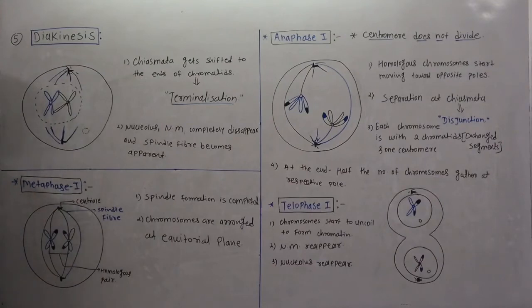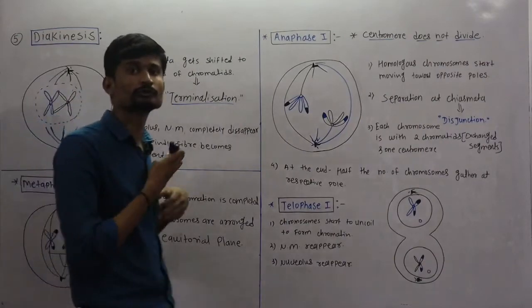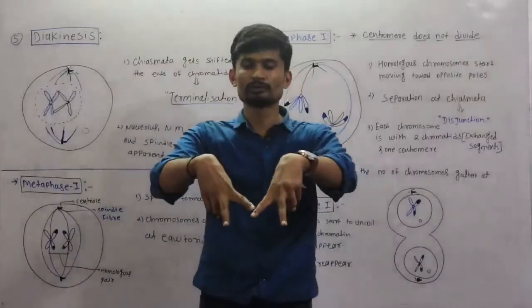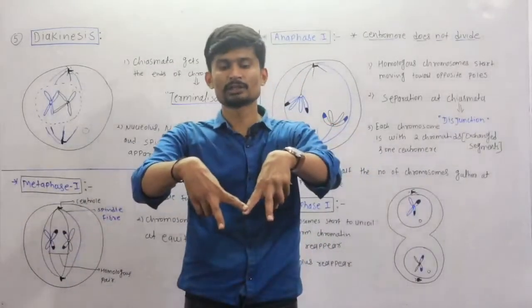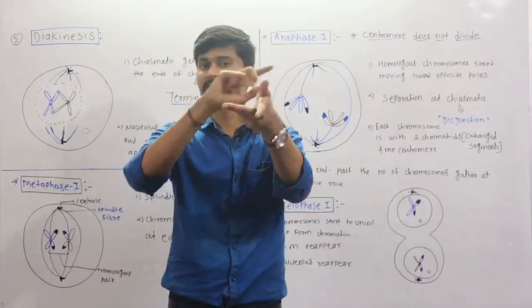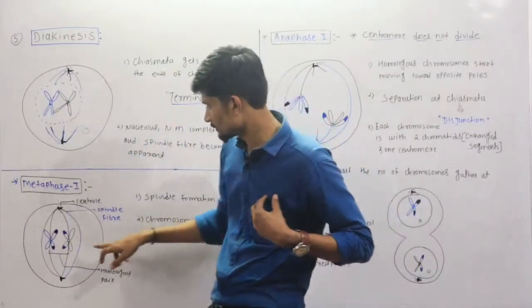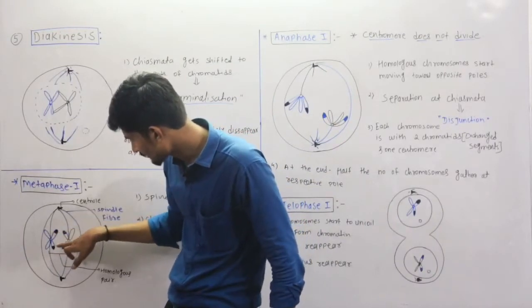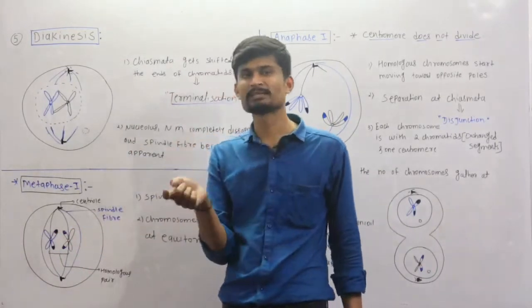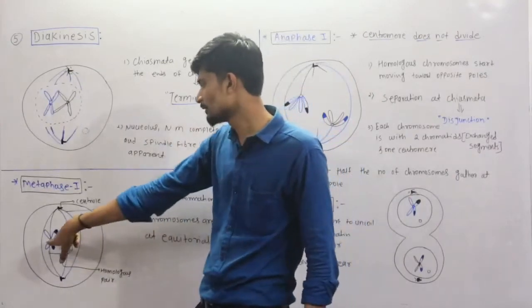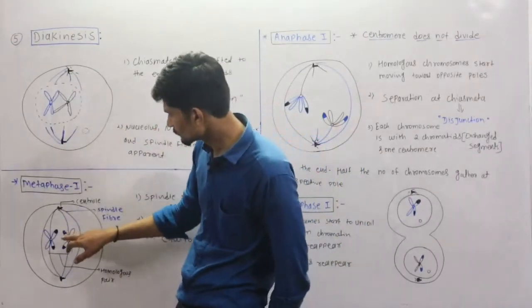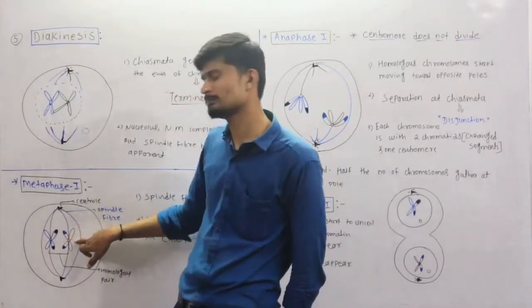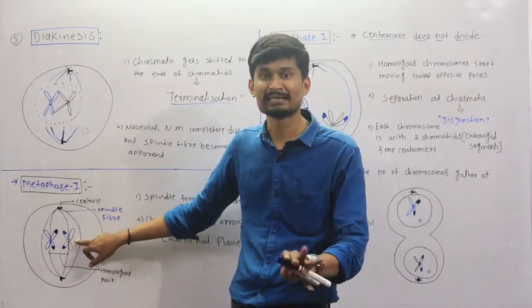Another thing is that these chromatids exchange their material, because crossing over takes place, and during crossing over they exchange genetic material. These are non-sister chromatids, so crossing over takes place between the non-sister chromatids of homologous chromosomes. This is a blue chromosome, this is a black chromosome for our understanding.